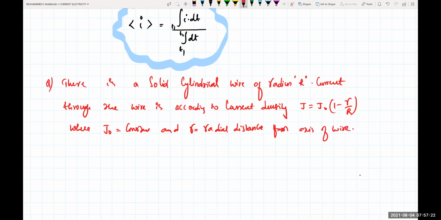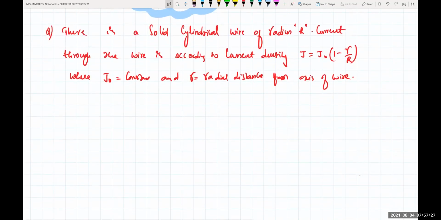This is only for MPC students, beta, not for BPC students. BPC students can leave this question. Calculate the current through the wire.